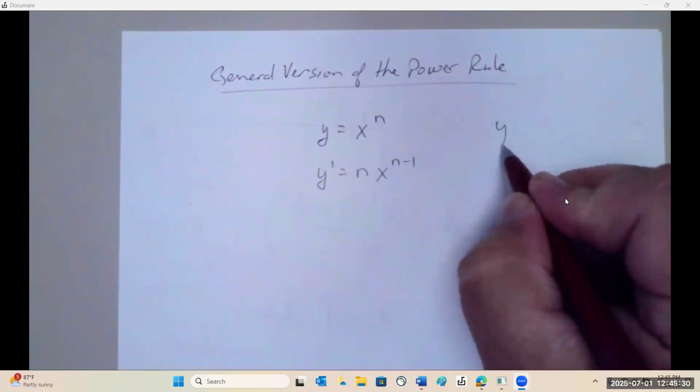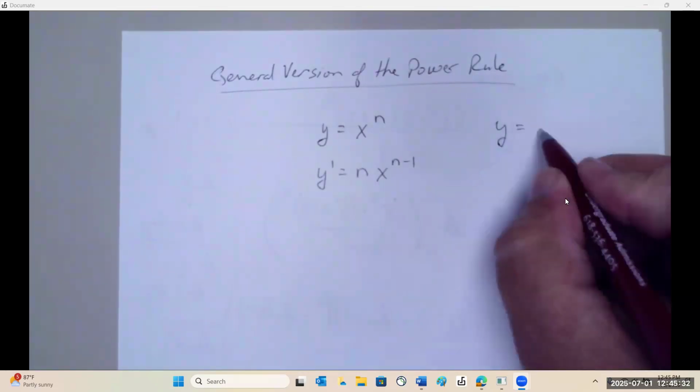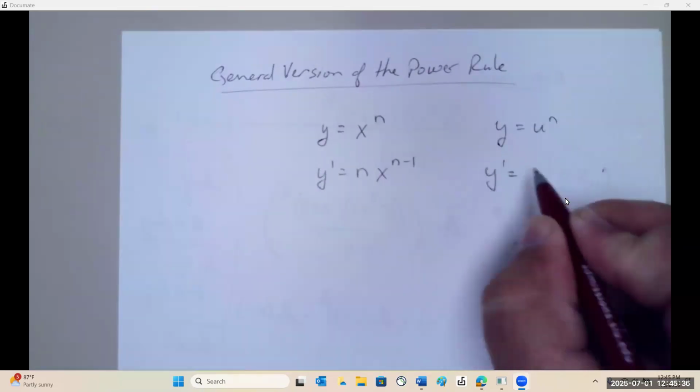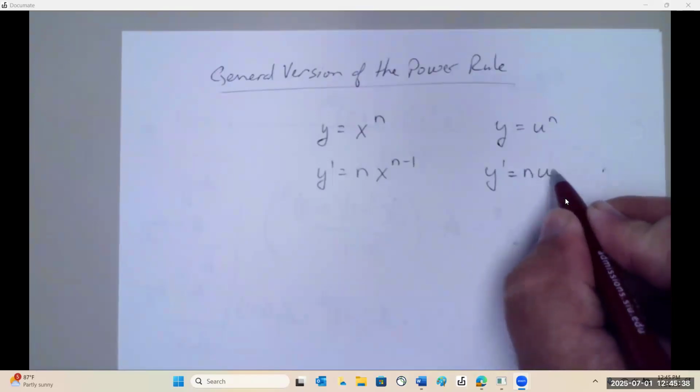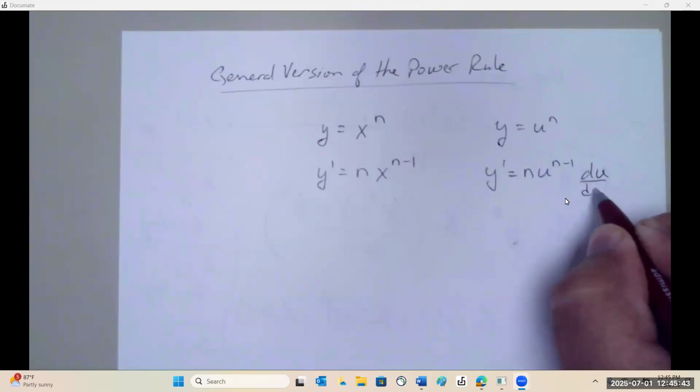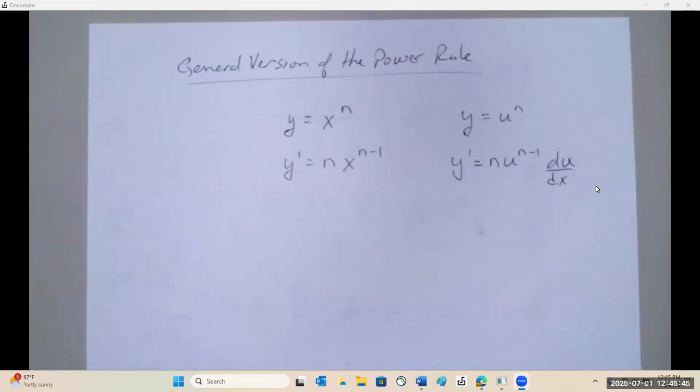And if our base was a function, now we can keep that, but we can make one further step.